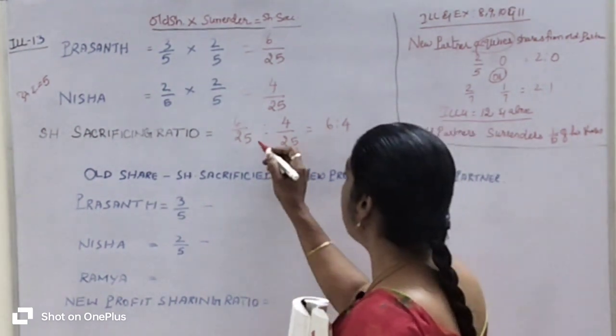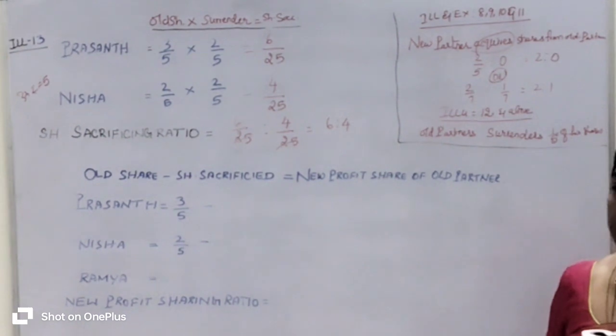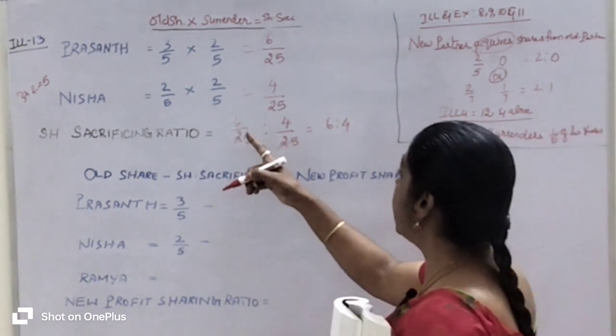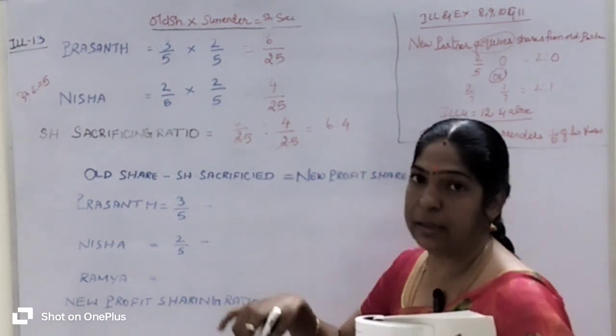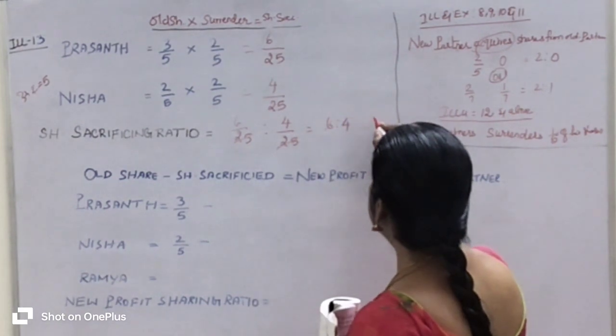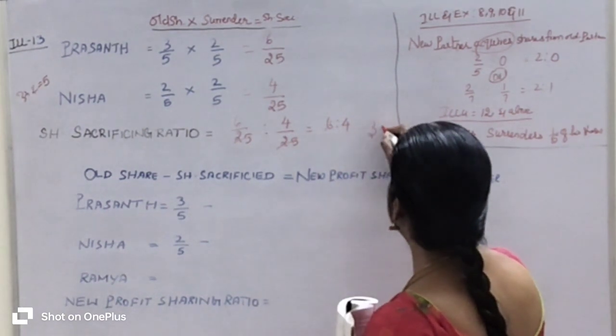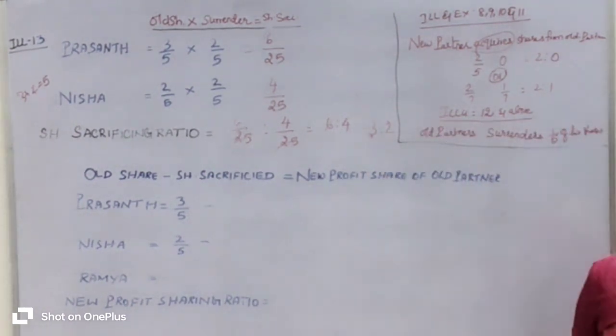No need to take the denominator value. Denominator has the same value, so we cancel it. Then we get the share sacrificing ratio 6:4. Then we can simplify 6 and 4 by 2. 2 3s are 6 and 2 2s are 4. The share sacrificing ratio is 3:2.